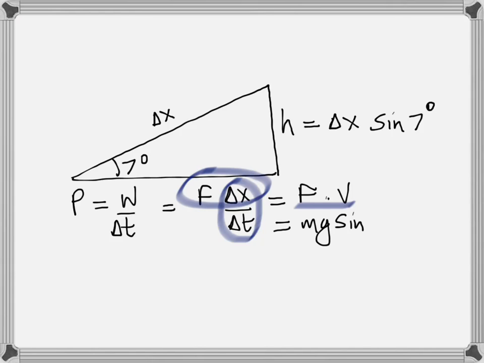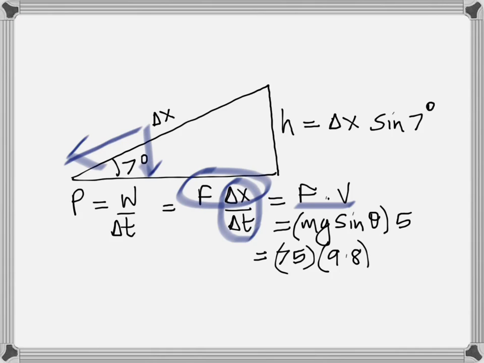But in this case, the force is mg sine theta, because you only need the component of weight acting down. So it's mg sine theta times 5 gives you the power. And this would have been the power required if there was no friction.